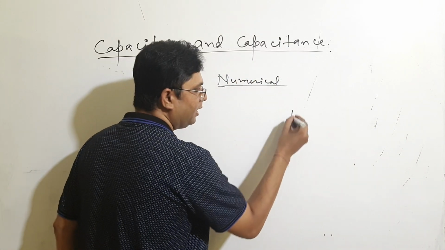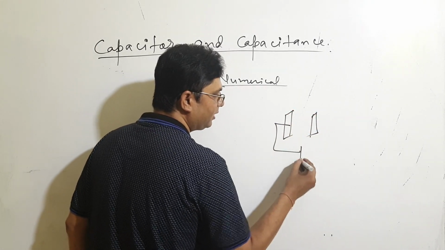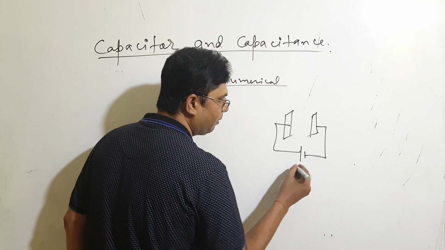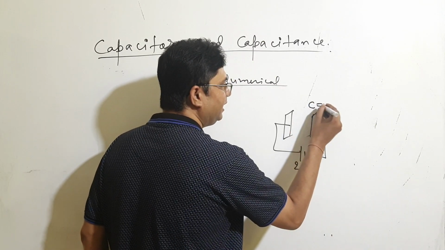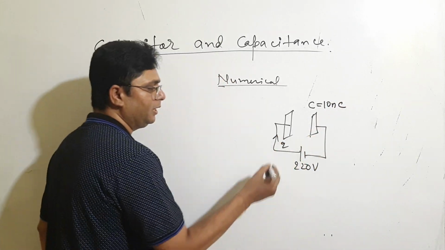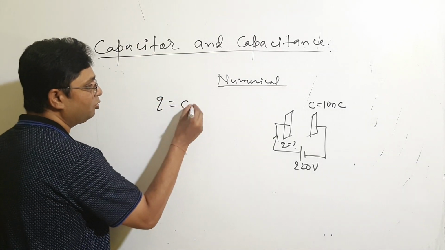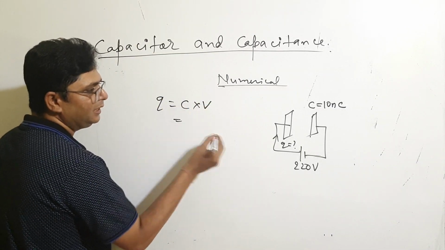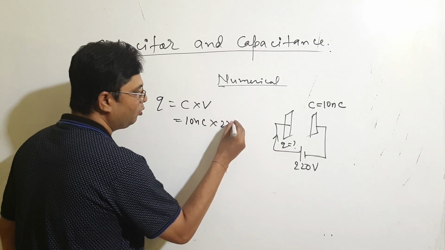Here I am drawing a capacitor, two plates connected with a battery source. Let the battery source give you 220 volt and the capacitance C is equal to 10 nanofarad. Then what will be the charge here? The question is, you have to find charge. Very simple. The formula is Q is equal to C into V. So C is equal to 10 nanofarad and V equals 220 volt.